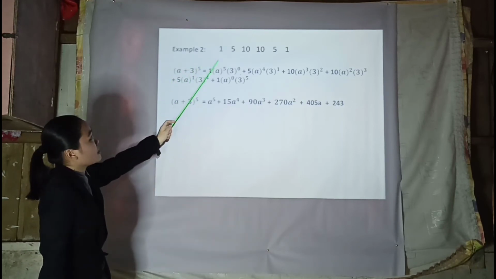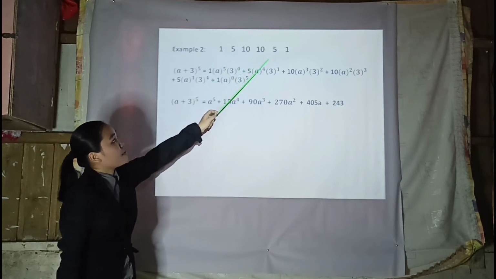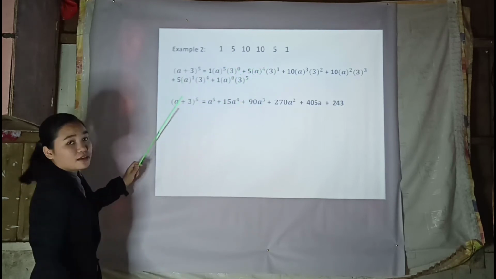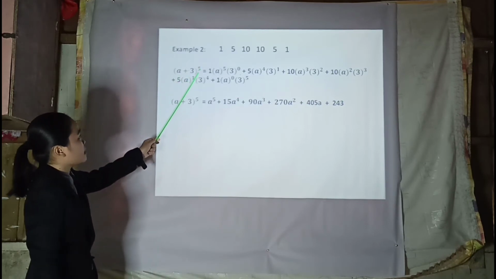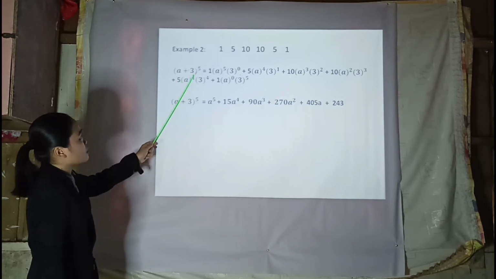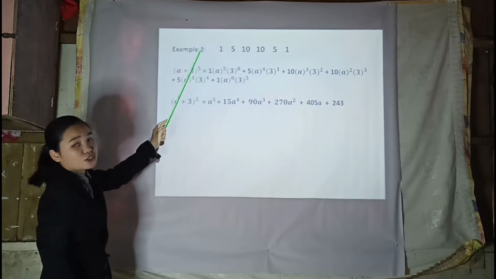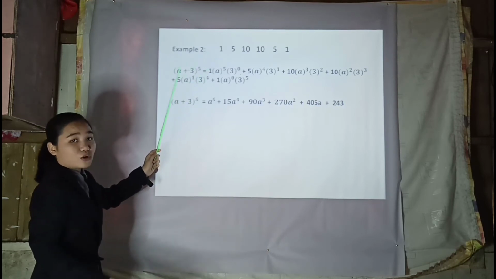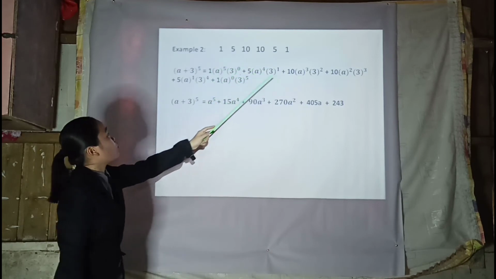Our coefficients are 1, 5, 10, 10, 5, 1. So our given here is a plus 3 raised to 5. Since our n is 5, the number of terms is 6. So 5 plus 1 is equals to 6. We will use Pascal's triangle, in which the coefficients are 1, 5, 10, 10, 5, and 1.